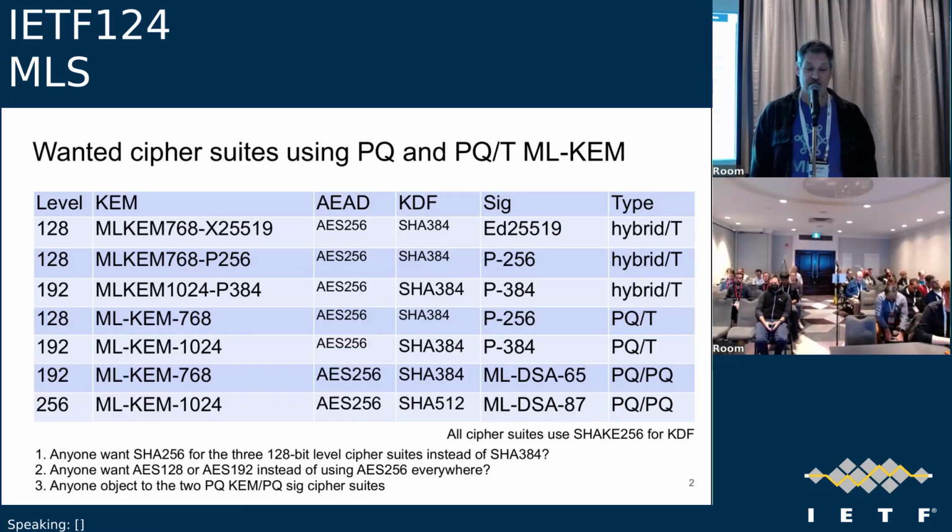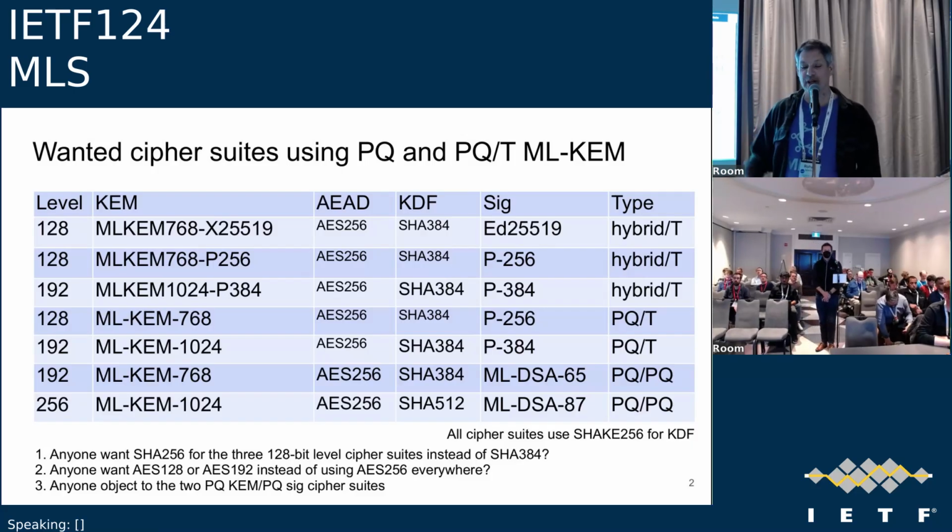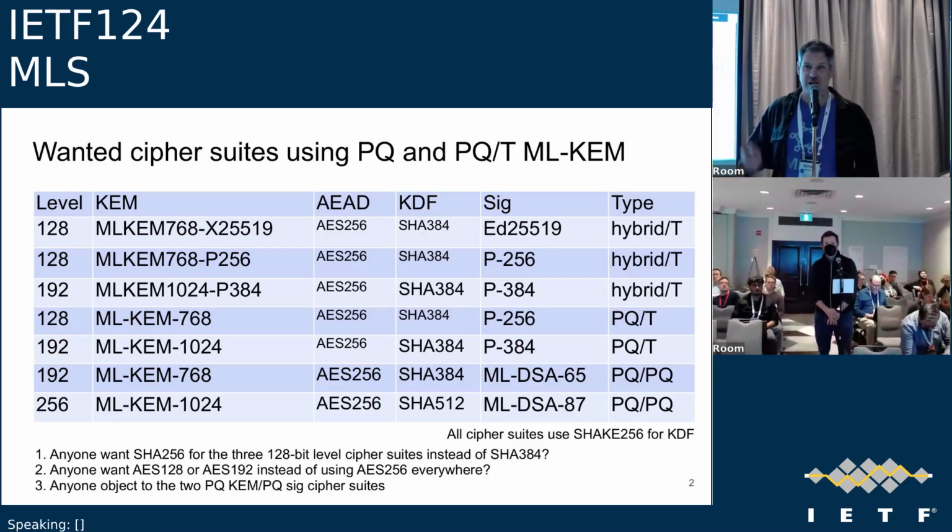In other words, that last line, but with SHA-384 instead of 512. Okay, so at the 192 level with SHA-384, ML-DSA 87, and ML-KEM 1024. Yes. Okay, please put an issue on the GitHub.